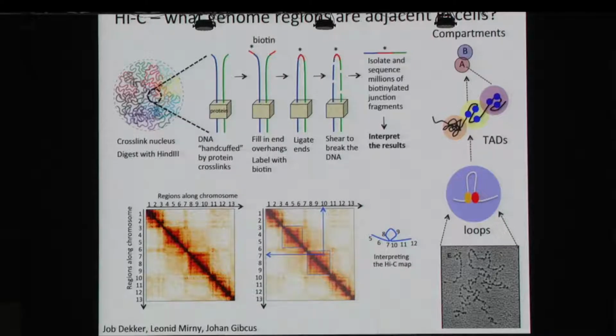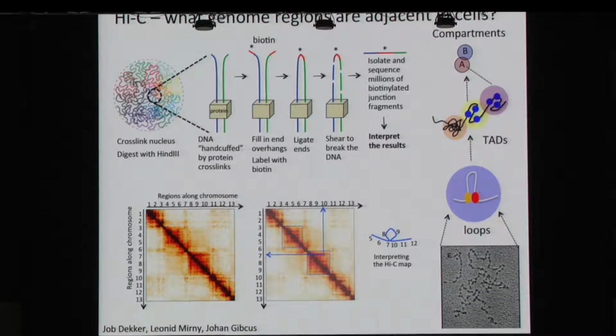So what you do is you label the ends with biotin, ligate the DNA molecules together, break off the ends, and sequence the junction between these fragments of DNA that were trapped by a common protein. And in the bottom right, you see the image of an interphase cell, and these squares that you see are called TADs, or topologically associating domains.